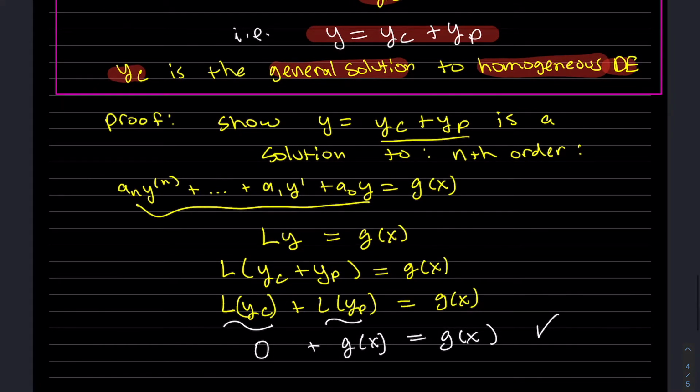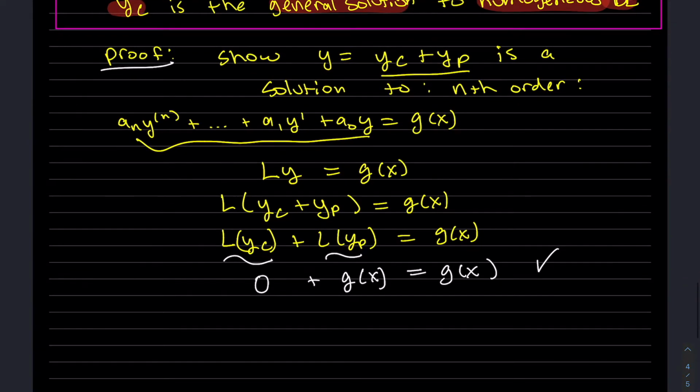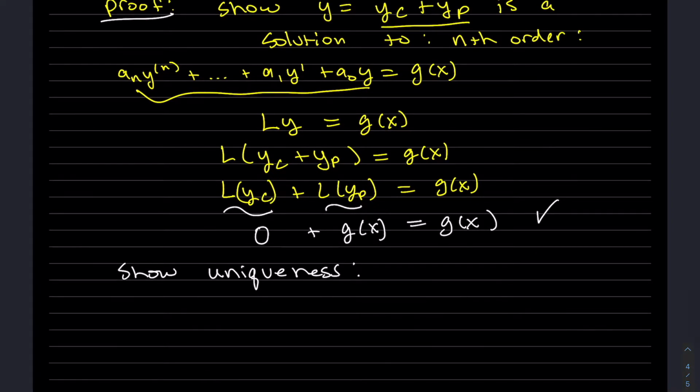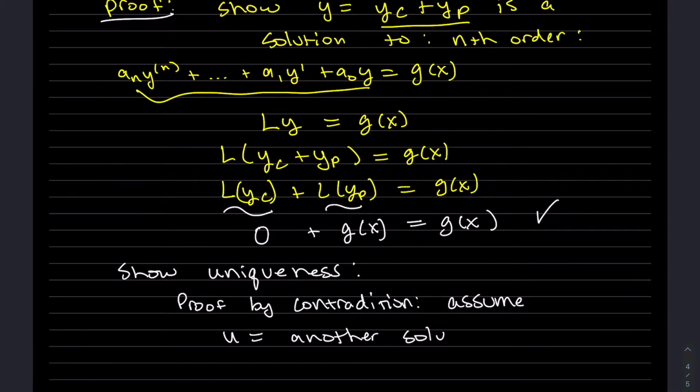There's actually a second part of the proof, and it's to show uniqueness. It's the only solution. My favorite proof, if you're going to show that it's unique, is to assume there's a second one, so proof by contradiction. So assume u equals another solution to the non-homogeneous system.